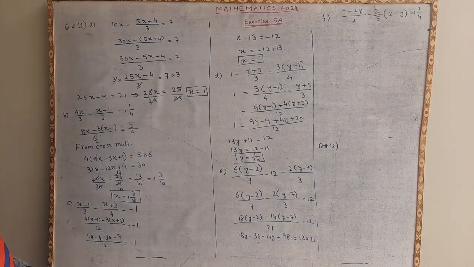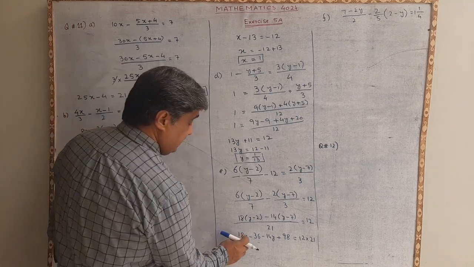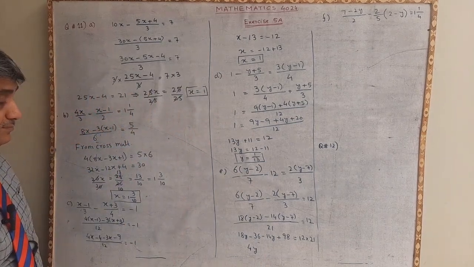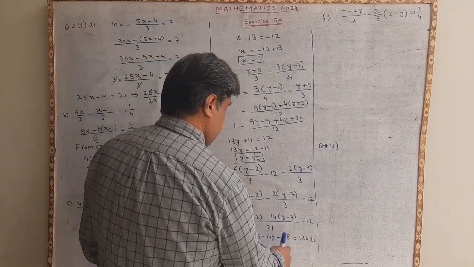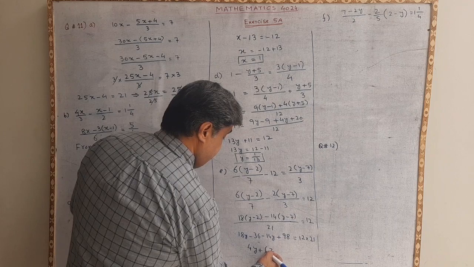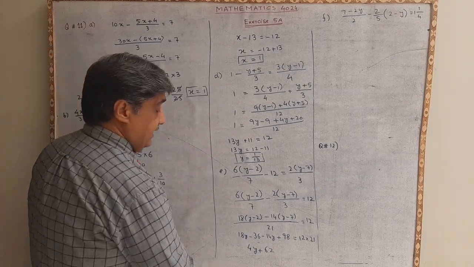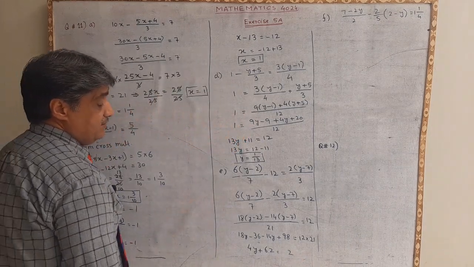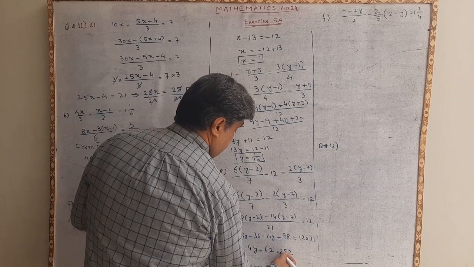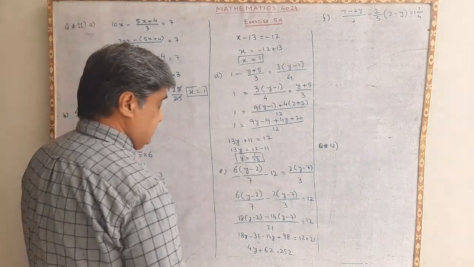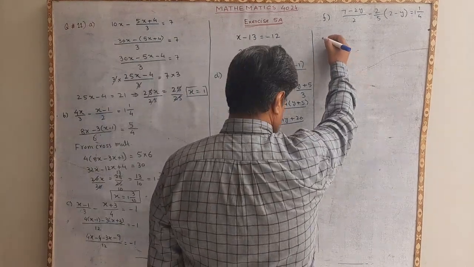So, ladies and gentlemen, we have to do a little bit of calculation. 18 minus 14 will give you 4y, and then minus 36 from this will give you plus 62. And when we multiply 12 with 21, 252 will be, yes, 252.